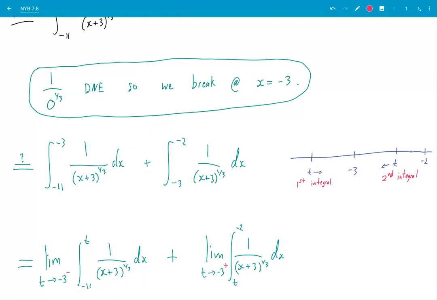Because you can imagine you're going to stick a t between minus 11 and minus 3. So that puts the t over here to the left of minus 3. So for this reason, I get a minus down here. And similar reasoning gives me a plus over here.